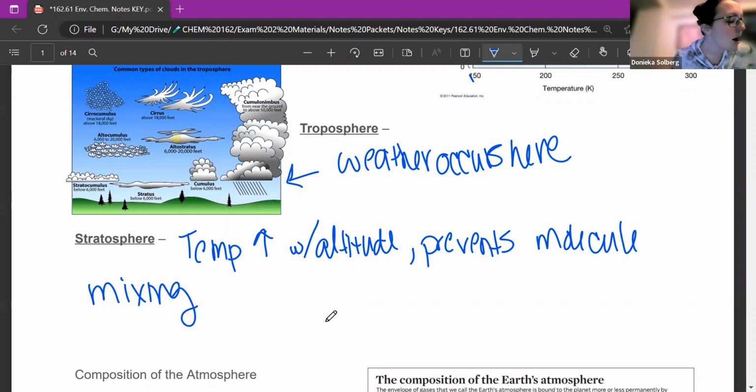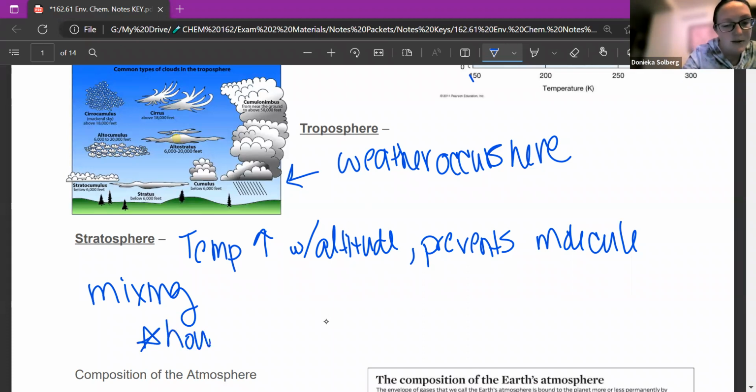Okay, but since that prevents molecule mixing, it actually means that if you have something bad in the stratosphere, it's probably going to stay there for a long time. And we'll talk about some chemicals that have occurred there a little bit later.